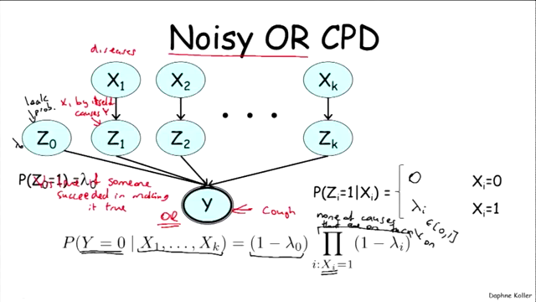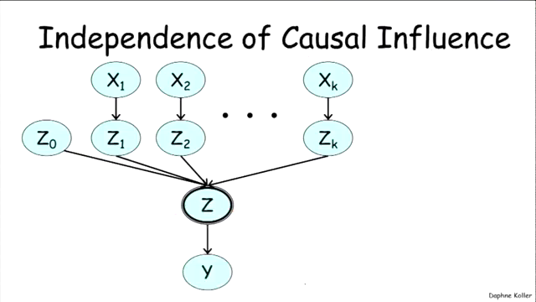And so that's a product of 1 minus lambda i for all of the xi's that are on. So that gives us the probability of y equals 0, and obviously the probability of y equals 1 is just the complement of that, 1 minus that. So that's the noisy OR CPD.